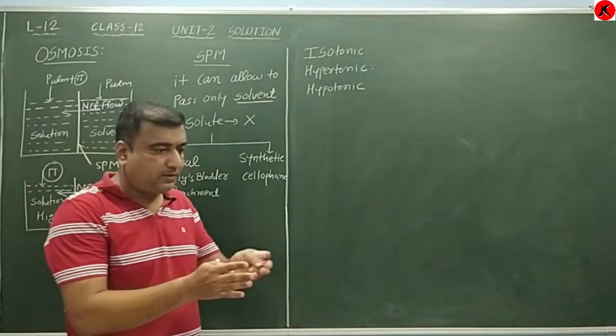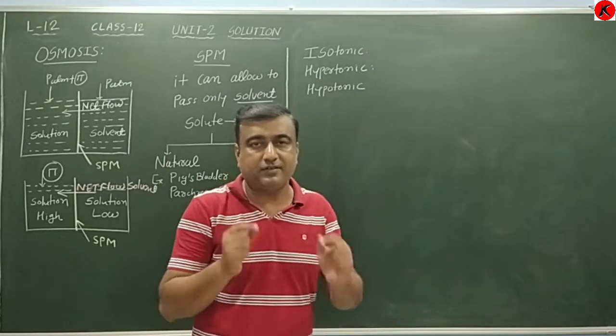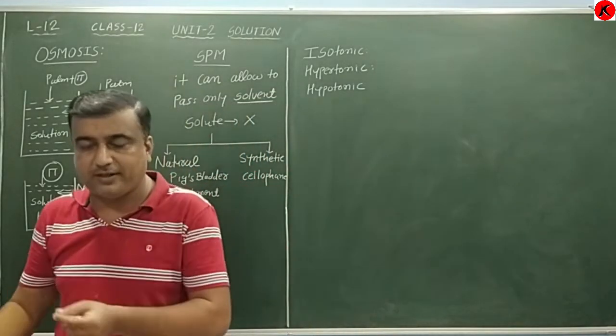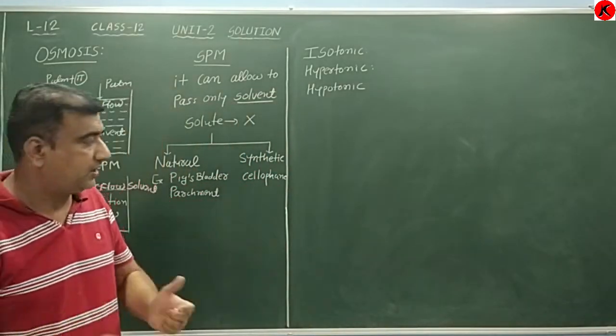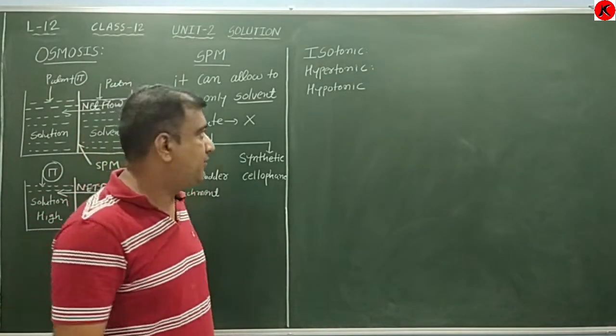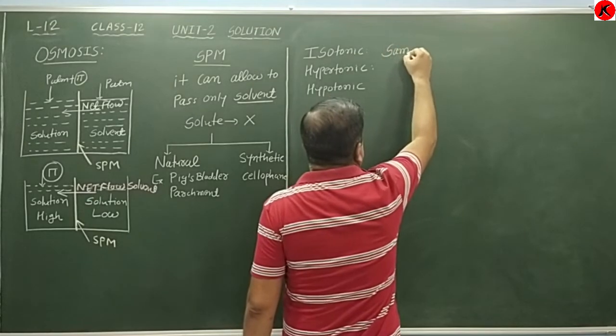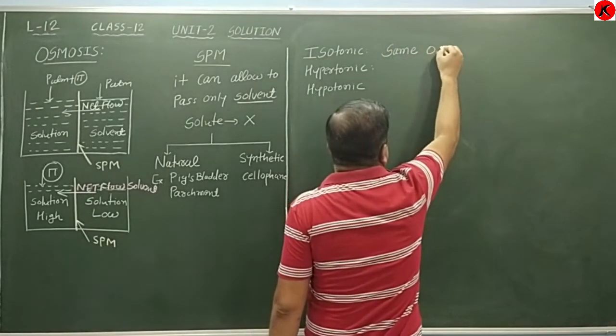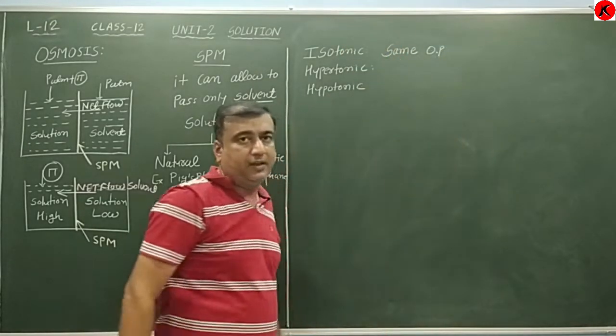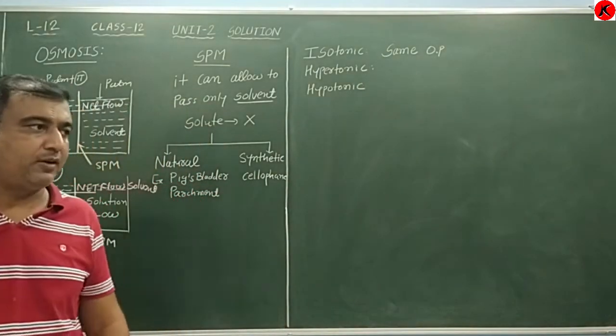Isotonic solution means two solutions having the same osmotic pressure at the given temperature are known as isotonic solutions. That means if they have the same osmotic pressure, then it is known as an isotonic solution.